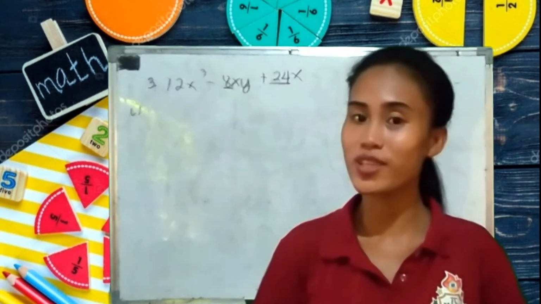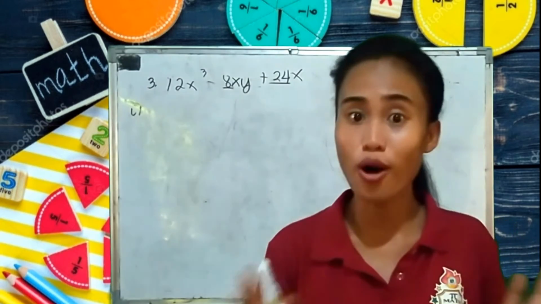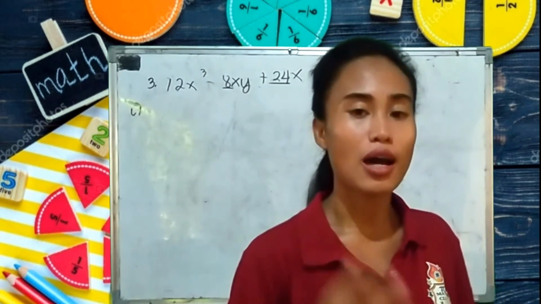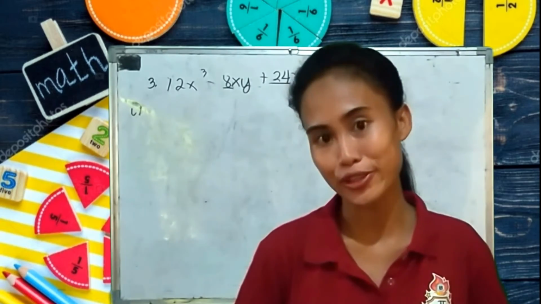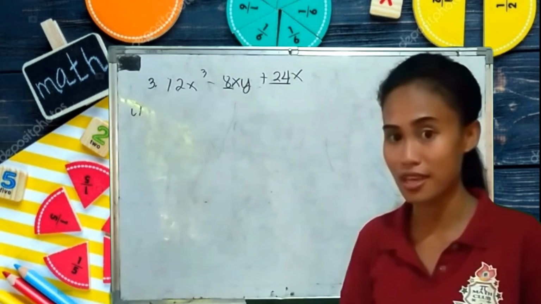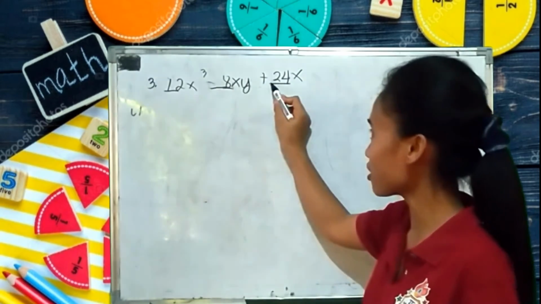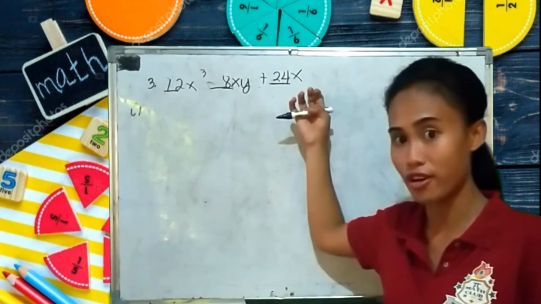In our first two examples, we obtained the CMF using a long method. This time, I will introduce another method. So our first step is to find the CMF. So we consider the numerical coefficients of the three terms first.